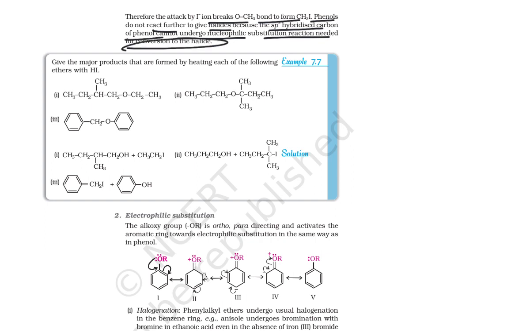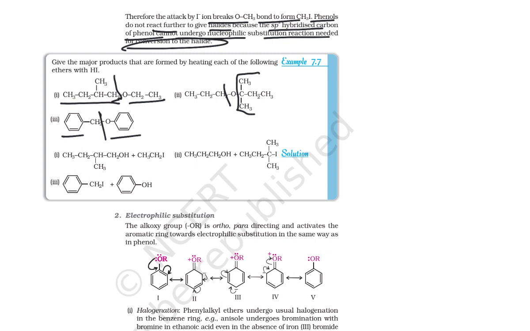So here first there is a methyl group. Here there is a secondary butyl group, a pentyl group. This side is a propyl group, this side a tertiary pentyl group. This side is benzyl, this is phenyl.